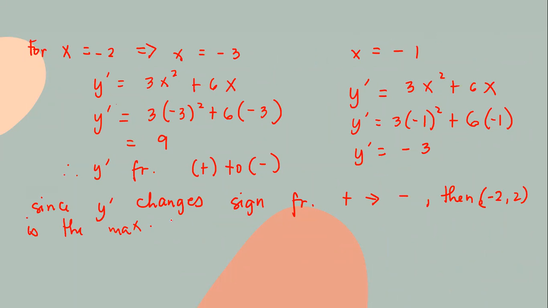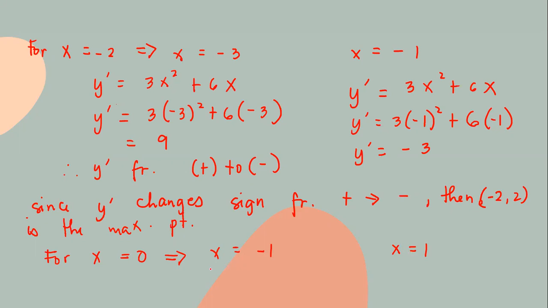For x is equal to 0, the neighborhood points are x is equal to negative 1 and x is equal to 1.